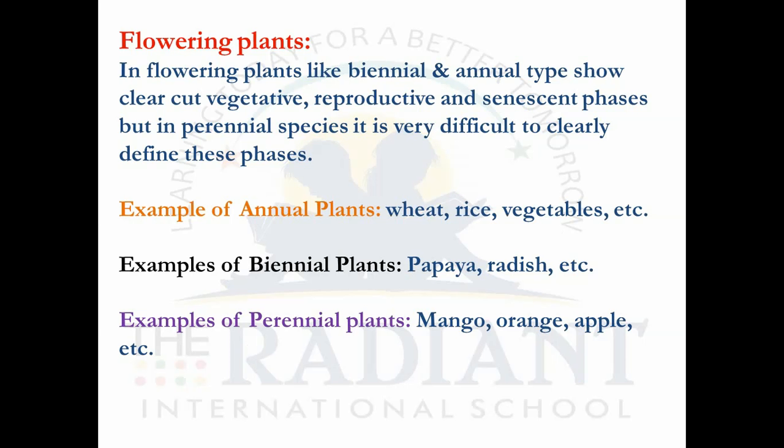For example, every year in the summer season mangoes are produced. Like that, each and every perennial plant produces in their respective seasons a continuous production of fruits and flowers. So these are called perennial plants. So in flowering plants there are three types: annuals, biennials, and perennials. I think we already discussed all these things in ninth standard, right?